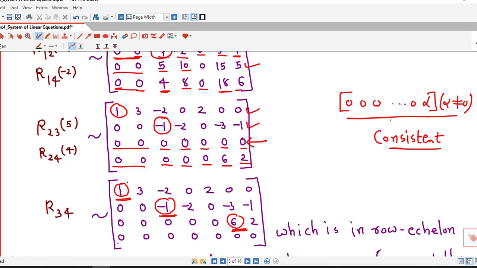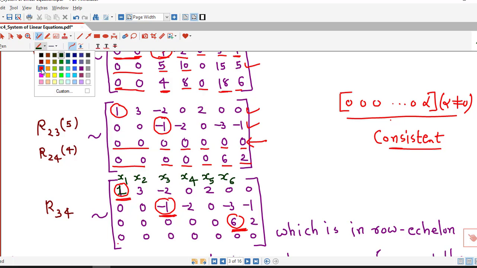We know that the first column corresponds to x1, the second to x2, the third to x3, then x4, x5 and x6. Now if we concentrate on the first non-zero entry of the first row, it corresponds to the variable x1.